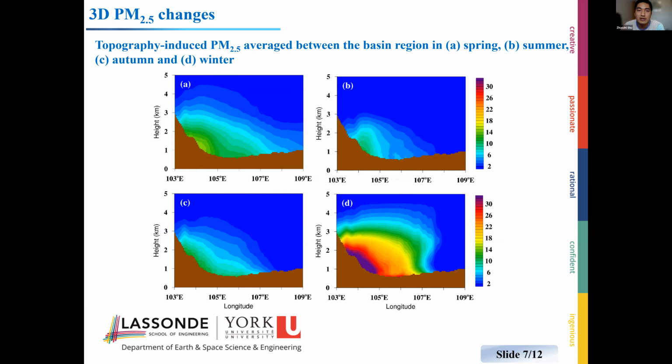Such elevated PM 2.5 in the free atmosphere might alter the processes of cloud condensation nuclei, radiative forcing, and precipitation in this region, and even transport to the downstream regions in the free troposphere under the mid-latitude westerlies.